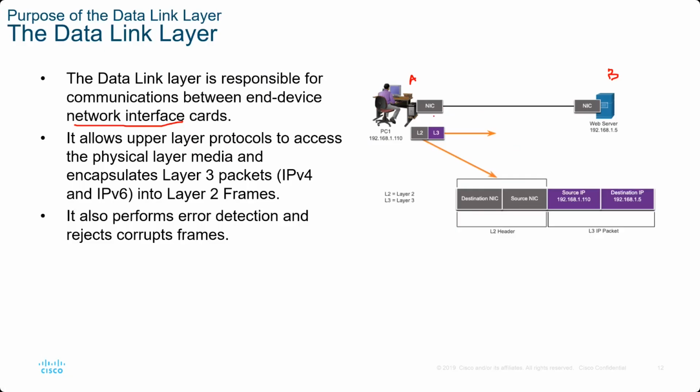Whichever you chose, you get the physical connectivity using those solutions which were defined by the physical layer. Now you have to send a frame or a message from this computer to this computer using that physical connection that you have.